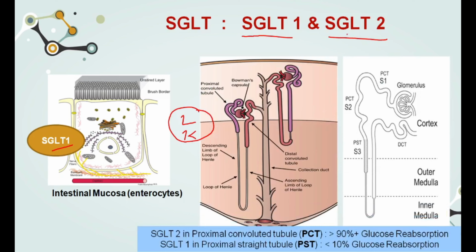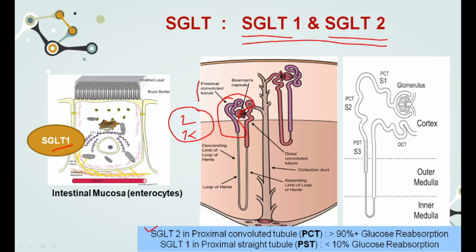Whenever we are talking about SGLT2, the important site is the proximal convoluted tubule. Both SGLT1 and SGLT2 are expressed in the proximal convoluted tubule.